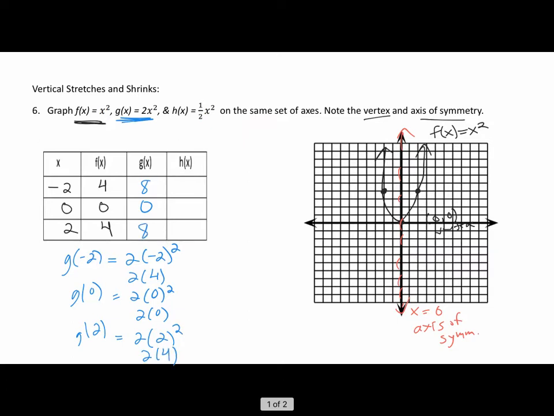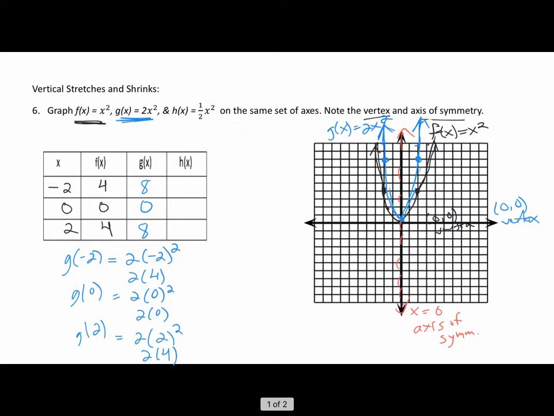So that's going to go through here. That's g of x equals 2x squared. So our vertex is actually going to be the same, and our axis of symmetry is going to be the same.